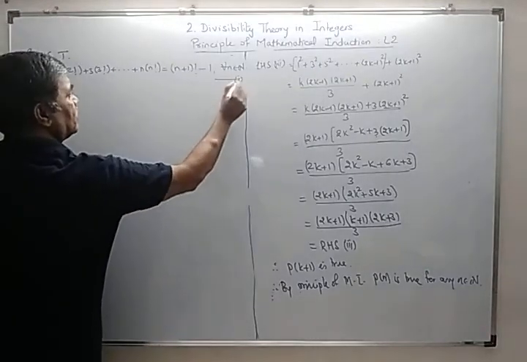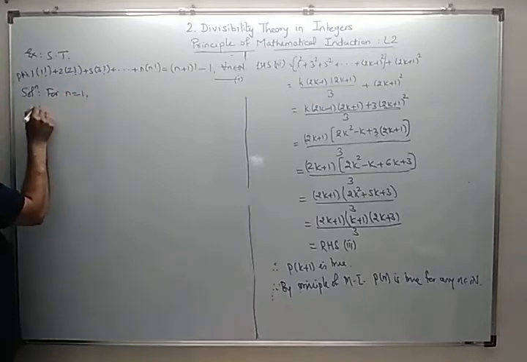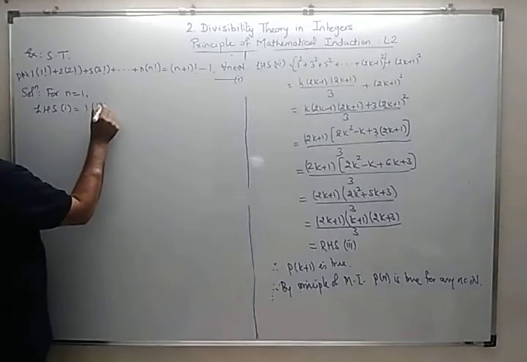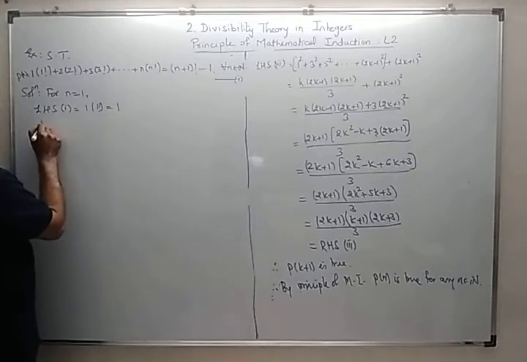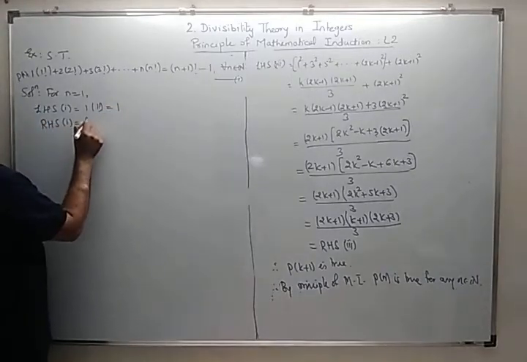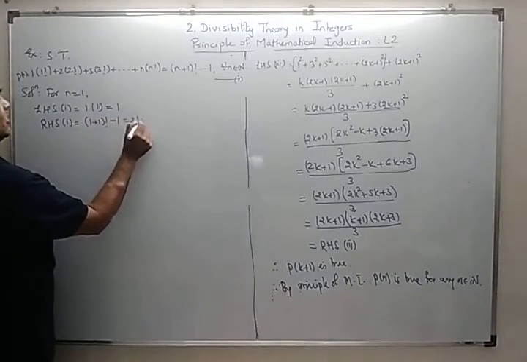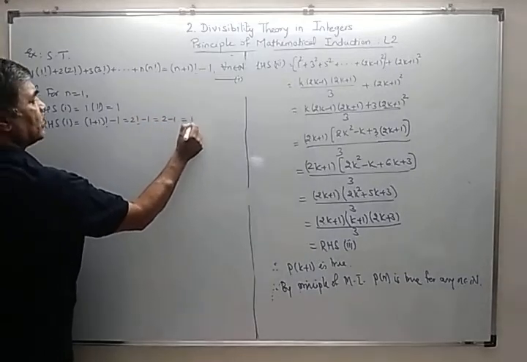So for n equal to 1, the left hand side of 1 is equal to 1 into 1 factorial, which is equal to 1. The right hand side of 1 is equal to 1 plus 1 factorial minus 1, that is 2 factorial minus 1. 2 factorial is 2, minus 1 is 1.